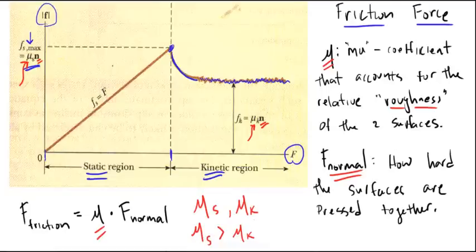All right. Well, let's do a couple examples to investigate this. The first example, I'm going to use some numbers here. Let's imagine we have a flat surface. Here's the surface, and we've got a block of mass M on the surface.